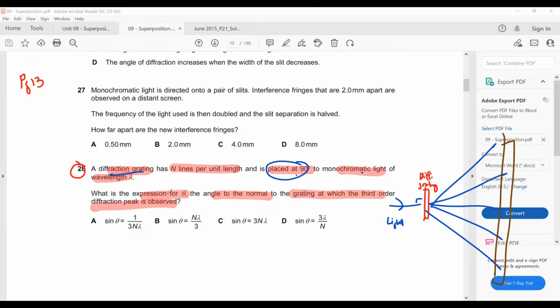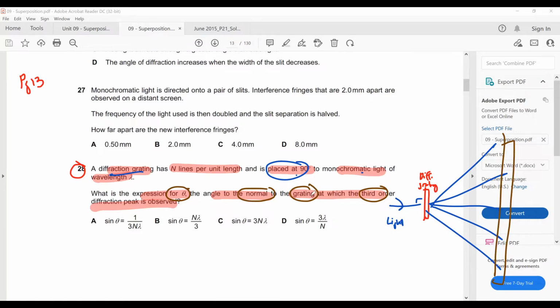So they tell you what's the expression for theta, the angle to the normal to the grating at which the third order diffraction peak is observed. Now, angle to the normal to the grating, this one seems pretty confusing. It's actually referring to this.